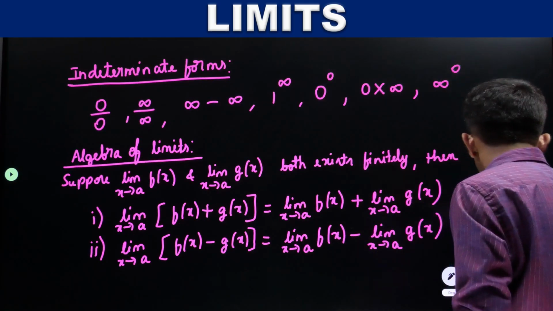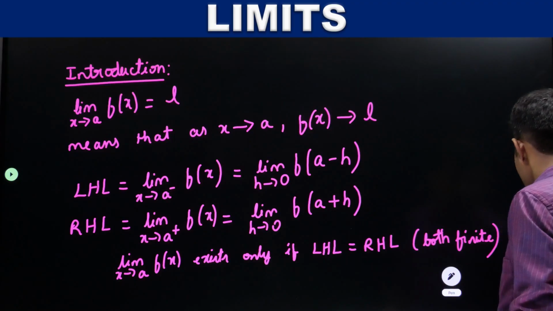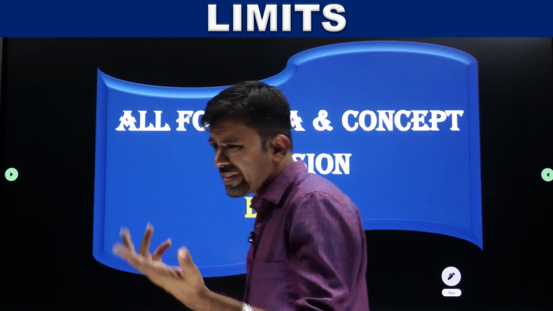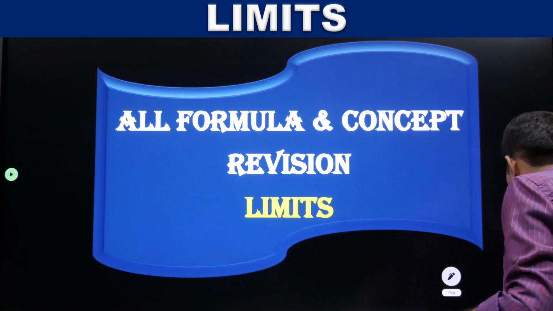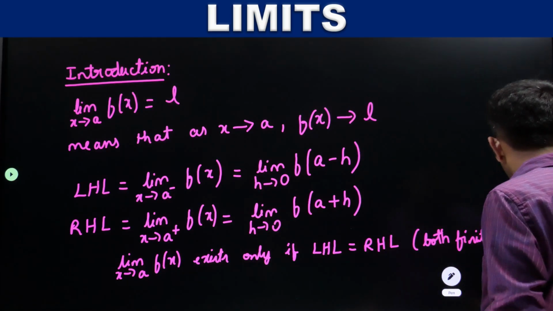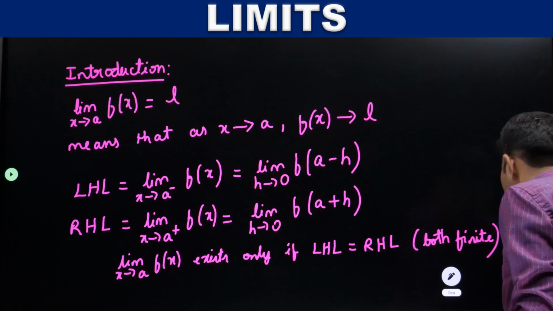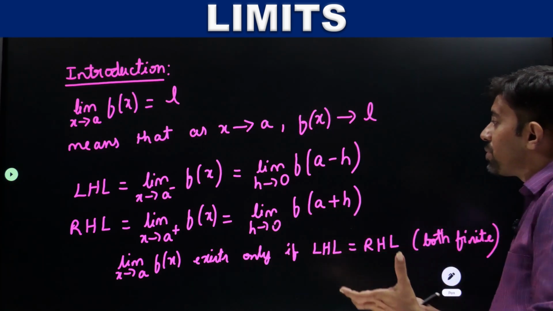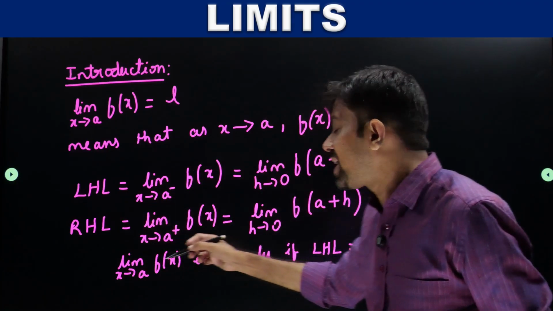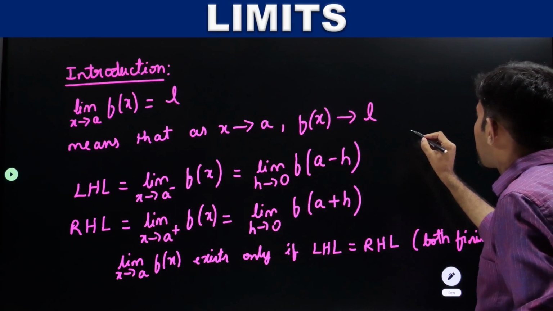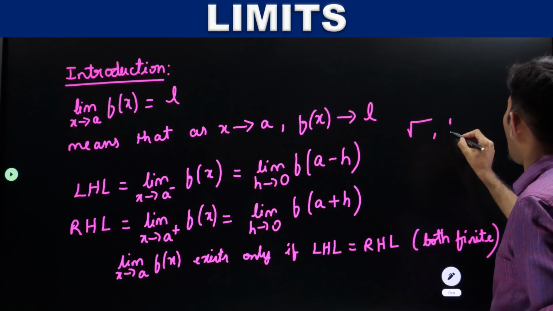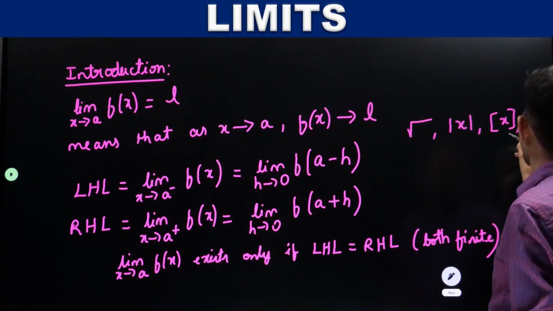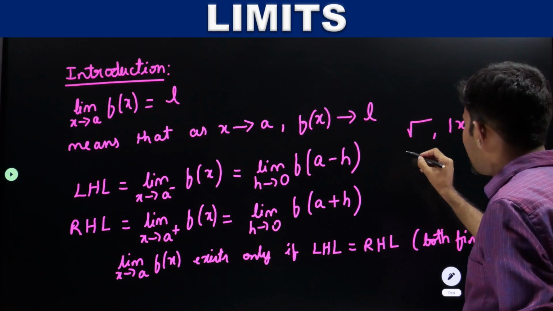So indeterminate forms we had, algebra of limits, introduction to limits. Some more things I can give you here: limit x tends to 0, mod x by x, limit does not exist. You can remember this. Whenever it comes to left hand limit and right hand limit, remember that. You have to calculate left hand limit and right hand limit separately whenever you get functions like this: square root function, modulus function, greatest integer function, then step function or a piecewise function.